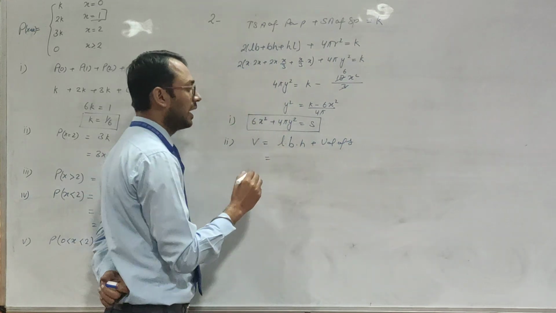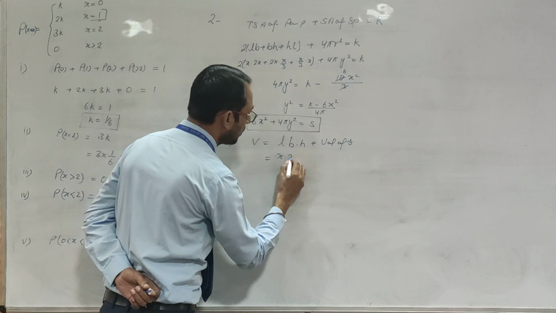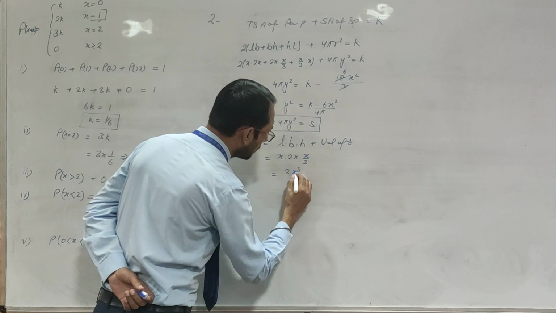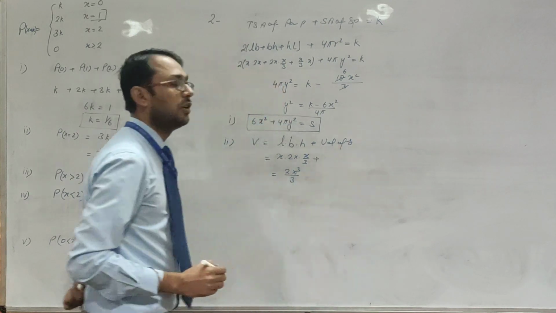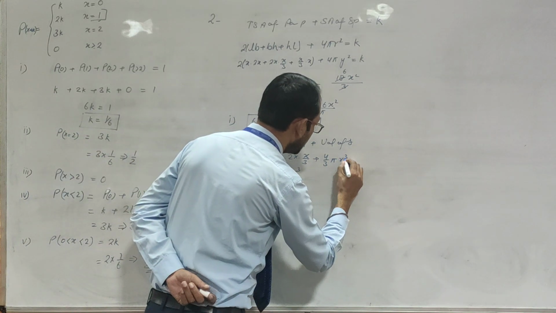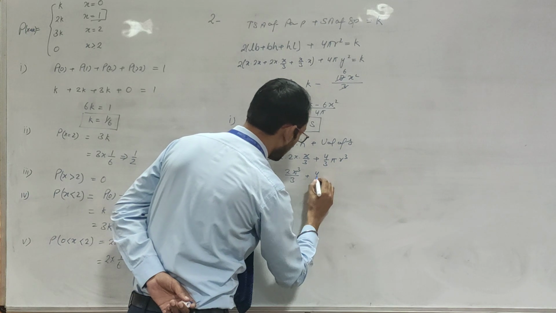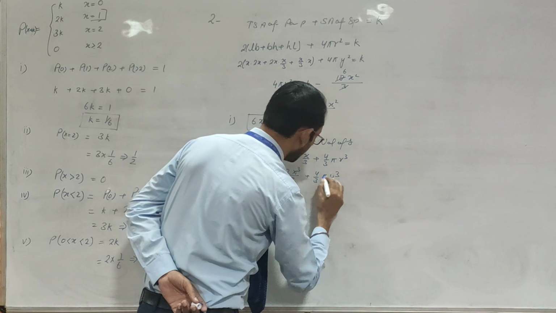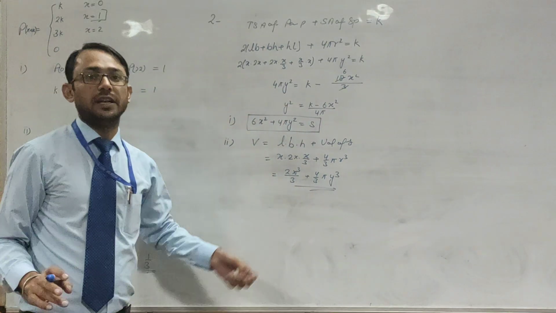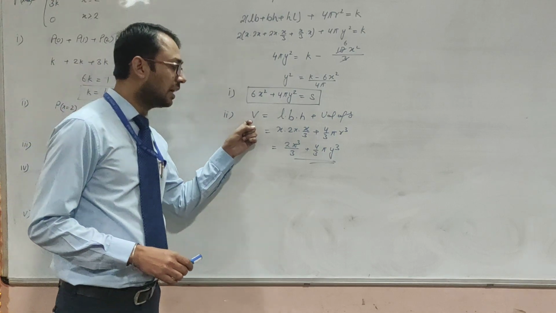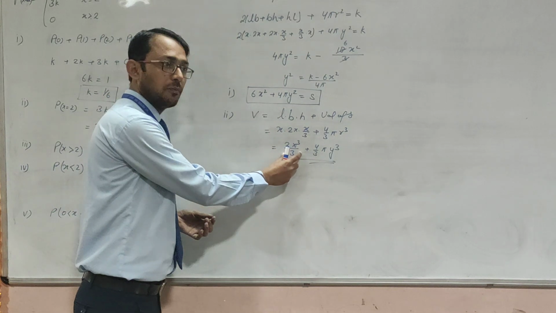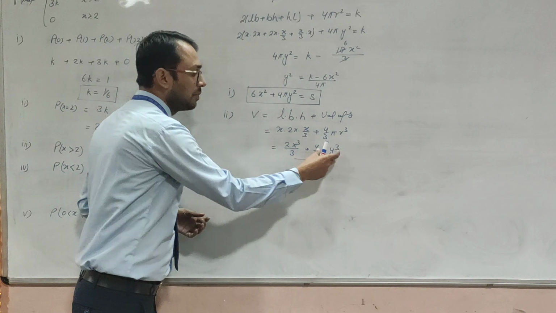So the volume of LBH, that is x into 2x into x by 3, will be 2x cube by 3, plus the volume of the sphere, 4 by 3 pi r cube, where r is y, so plus 4 by 3 pi y cube. This will be the volume of the combined solid: the volume of the parallelepiped, in the shape of a cuboid, plus the volume of the sphere.